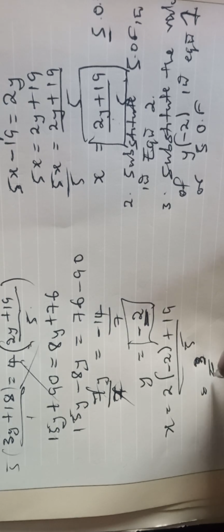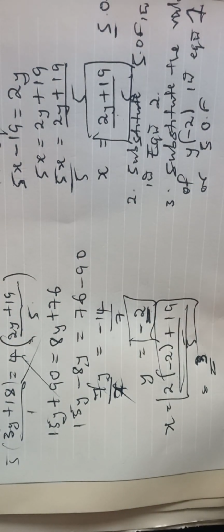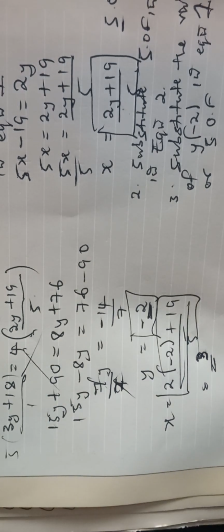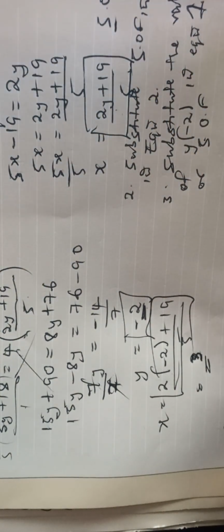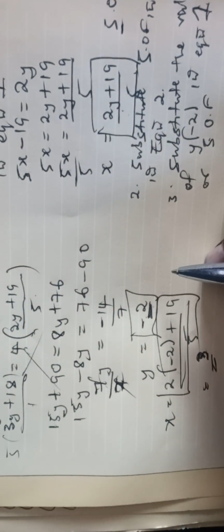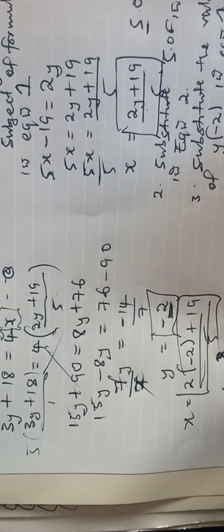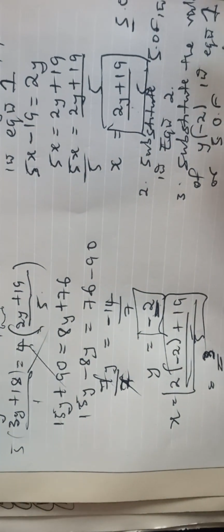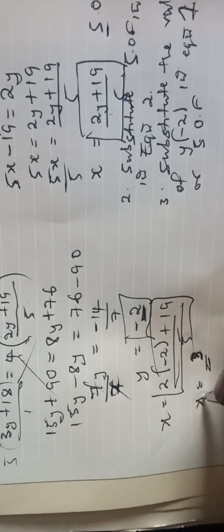This is going to be the value of x if we simplify this expression here. So if we also take the same value of y, which is -2, and substitute it in equation 1, we are supposed to get the same thing. So you can just do that exercise and see if you are going to get the value of x as 3.